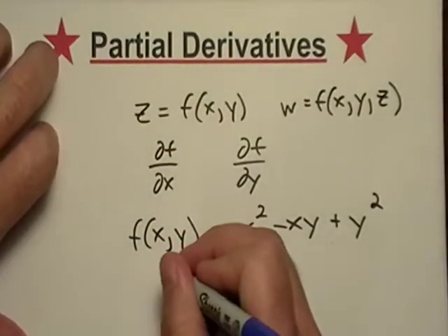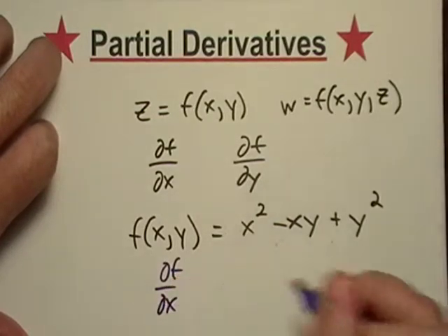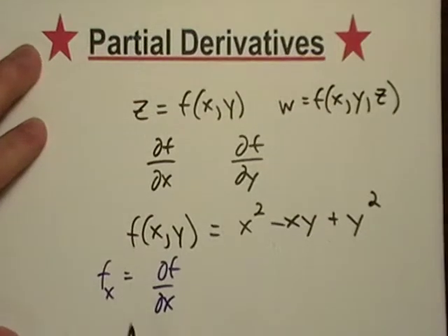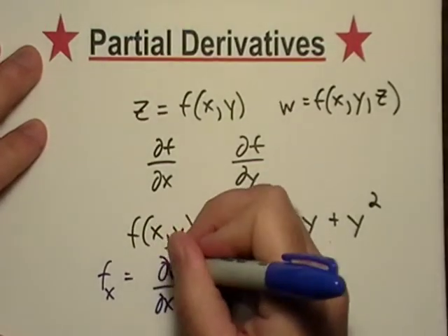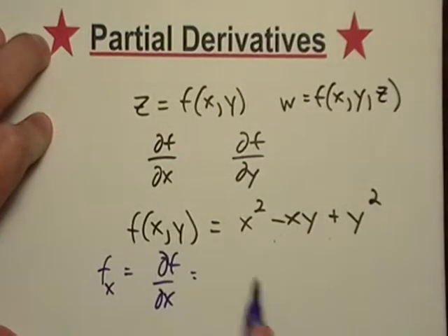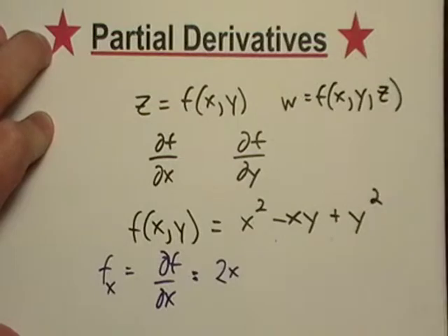If I wanted the partial with respect to x, I would write it like that. You could also use a shorthand notation: big or little f, sub x. The first term is just 2x, business as usual.